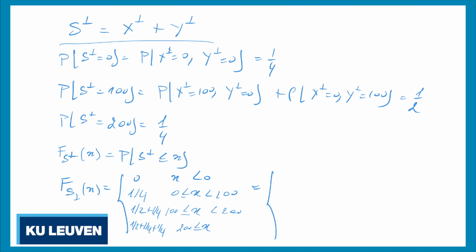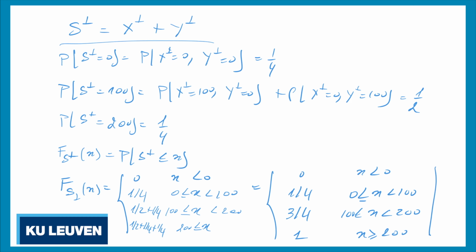And then you find that this is equal to 0 if x is smaller than 0. It's equal to 1 over 4 if x is between 0 and 100. It's 3 over 4 if you are in between 100 and 200. And finally, it jumps to 1 in 200. And this is your CDF.